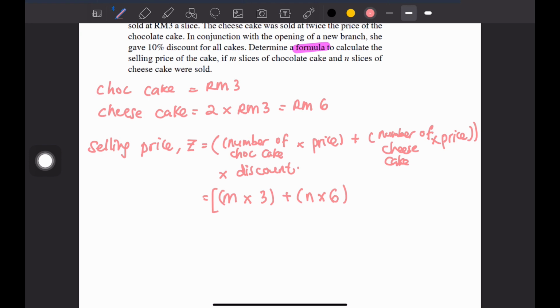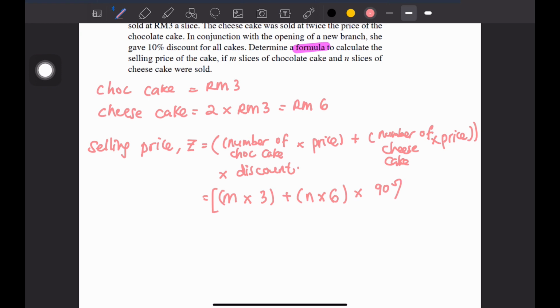And then times the discount. Everyone will get a 10% discount. If you get a 10% discount, how many percent did you pay? So 90%.